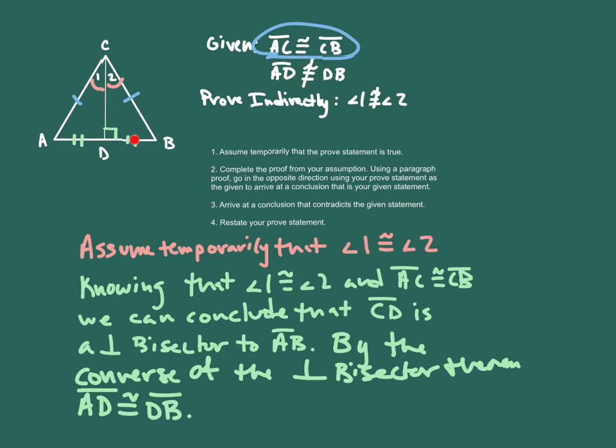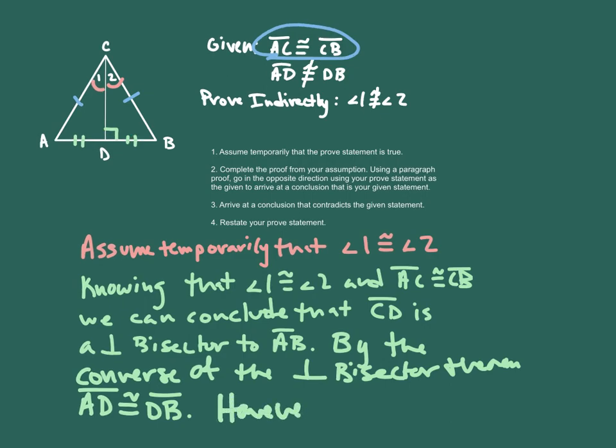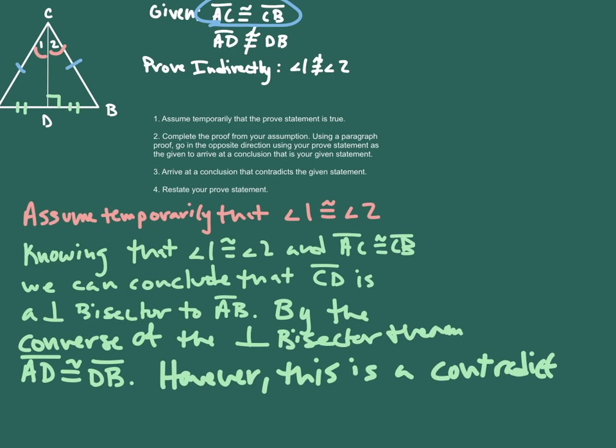So then we say, however, this is a contradiction to the given statement. And you have to write that in your proof.